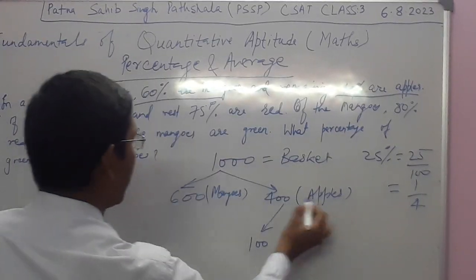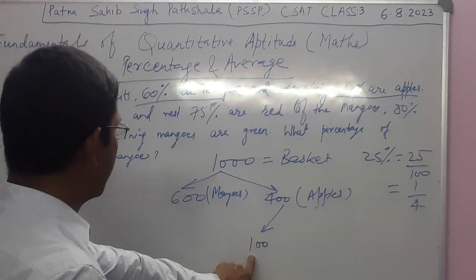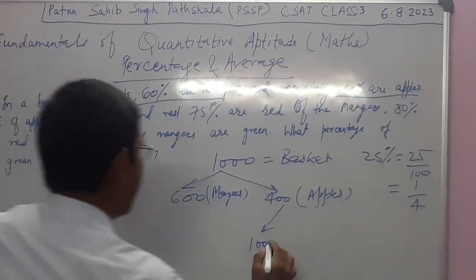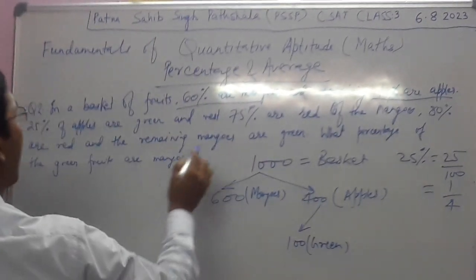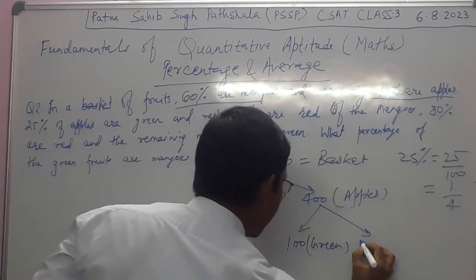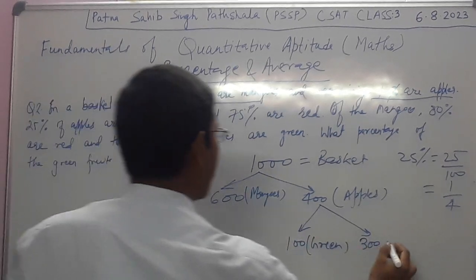So of 400 apples, 25% means 100 apples are green, and the rest 75%, that is 300 apples, are red.